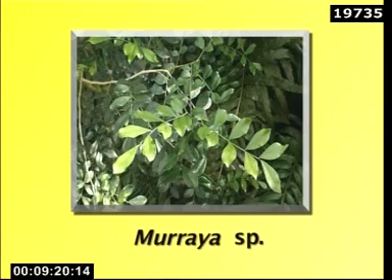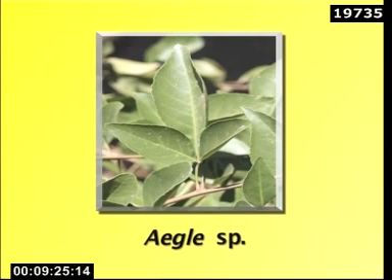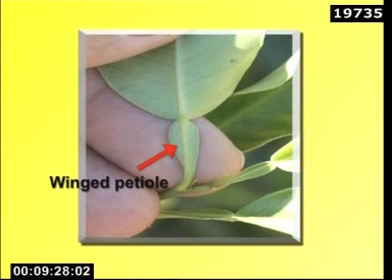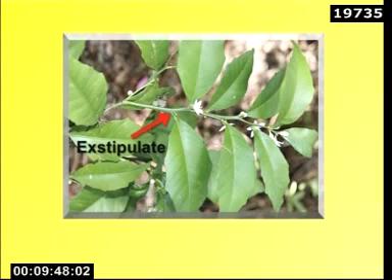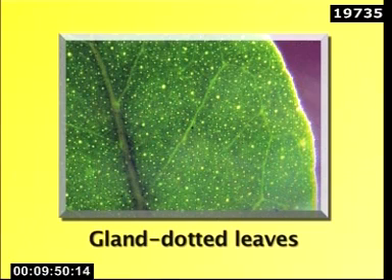When compound, leaves are either pinnate, as we can see in Murraya, or they are palmate, as we can find in Aegle. Rarely unifoliate compound leaves with winged petioles are also present. The best example is presented by citrus. These leaves are sometimes reduced to spines, but they are nearly always petiolate. They are exstipulate and always gland dotted.